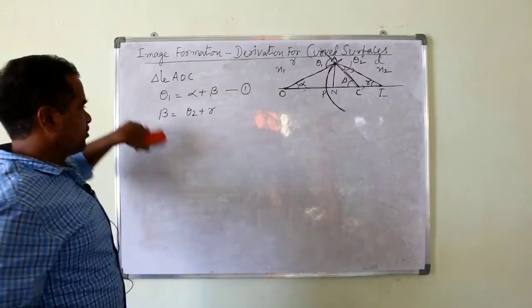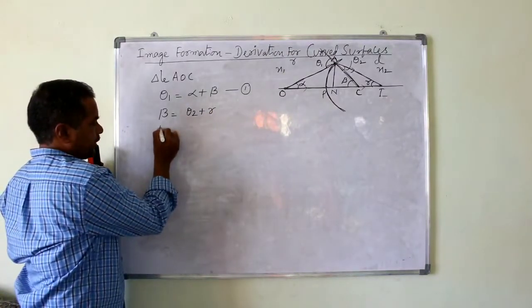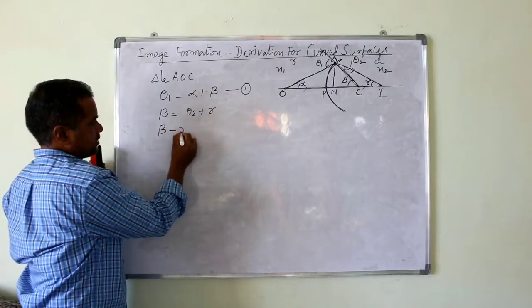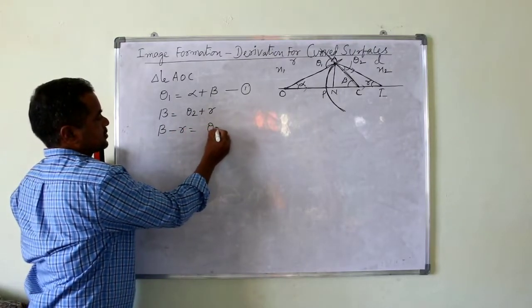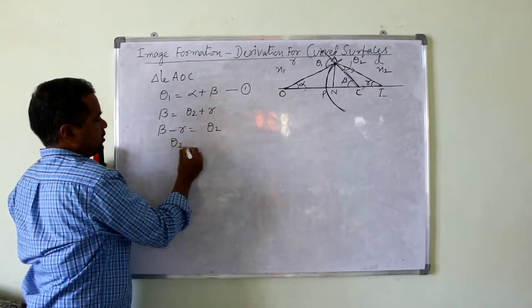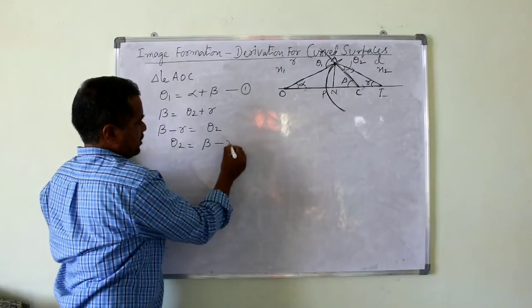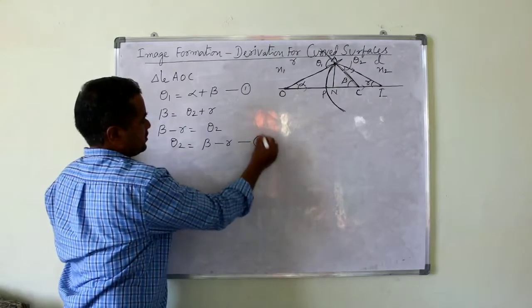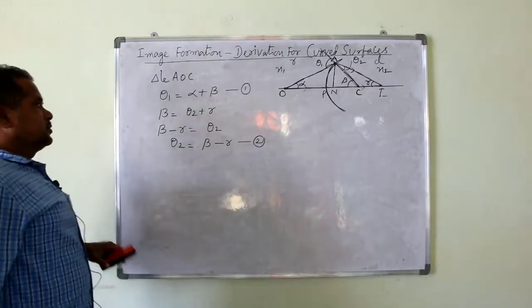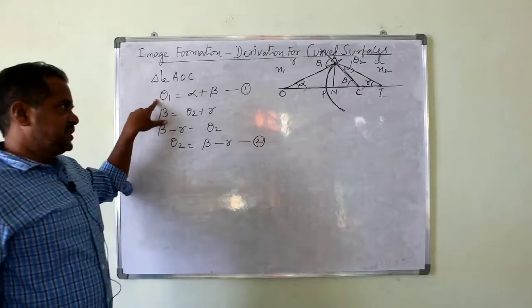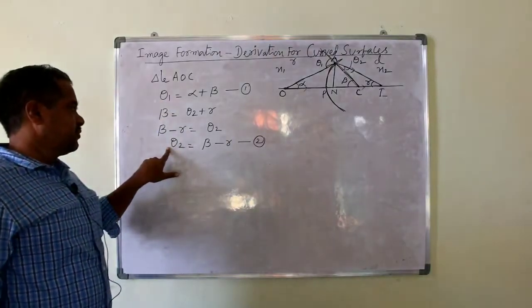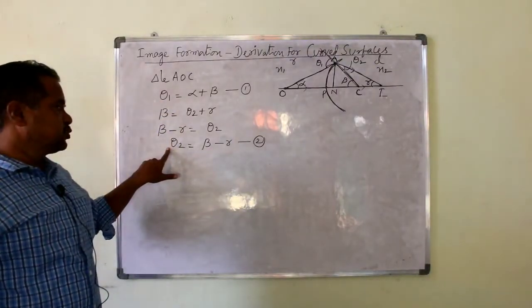Any additive term moved to the other side of the equality becomes a subtraction. So theta2 is equal to beta minus gamma. This is equation 2.